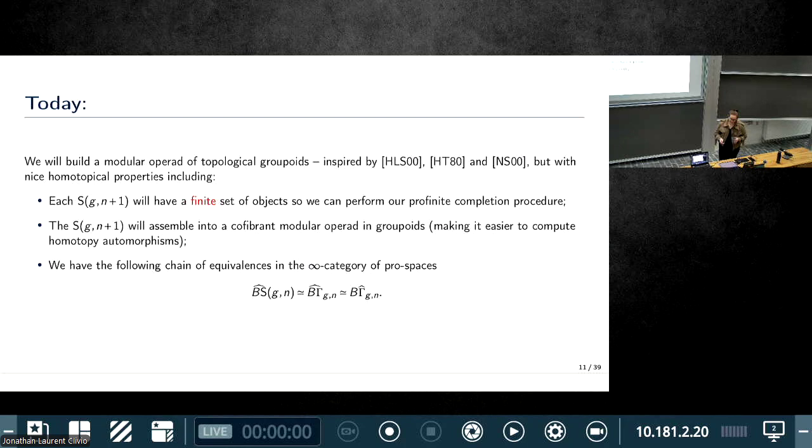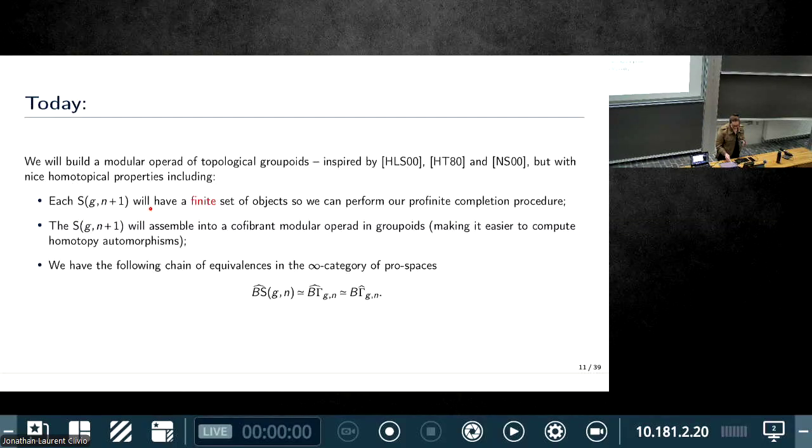So now actually, there's some ideas. We wanted to look at what they did and try to make it into a modular operad. That's where higher genus surfaces show up. The idea is to build a modular operad out of topological groupoids that's inspired by these groupoids. But we also want to compute their automorphisms, so we need them to have nice homotopical properties, right?